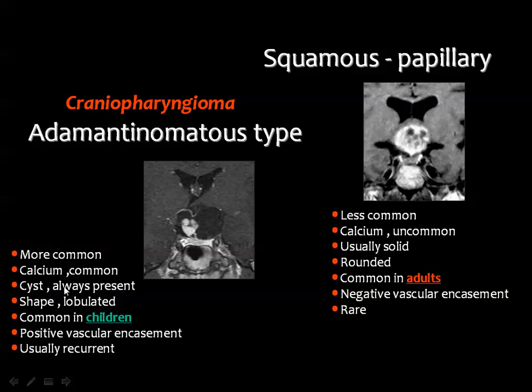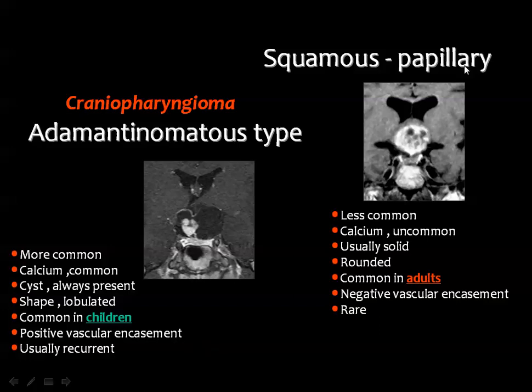It is composed of the three major components I have mentioned, which are the cystic component, the solid component, and the presence of calcium. The solid component usually shows enhancement, and it may encase the vessels located nearby.